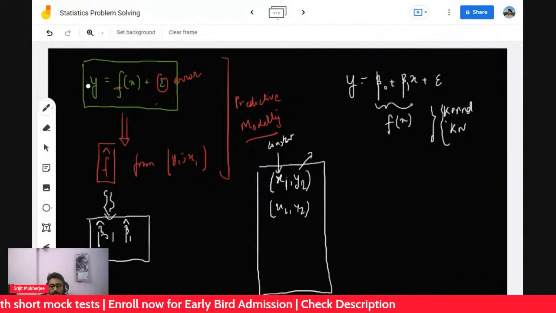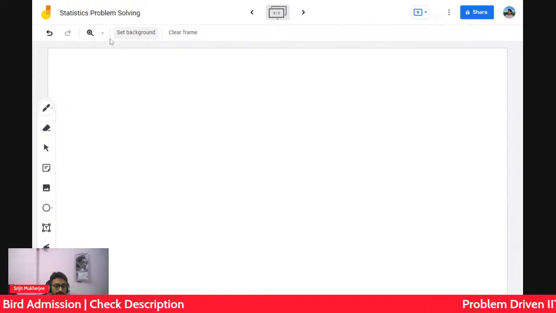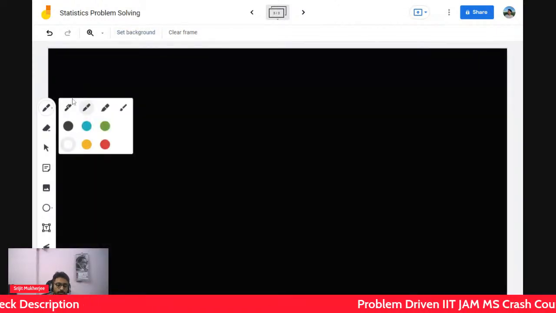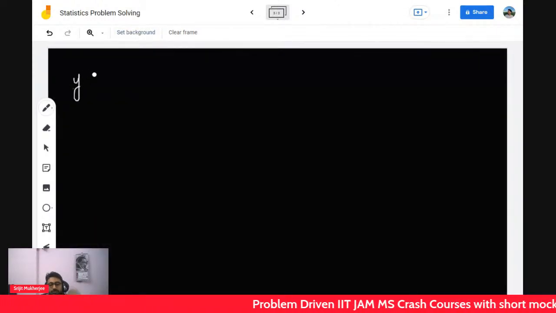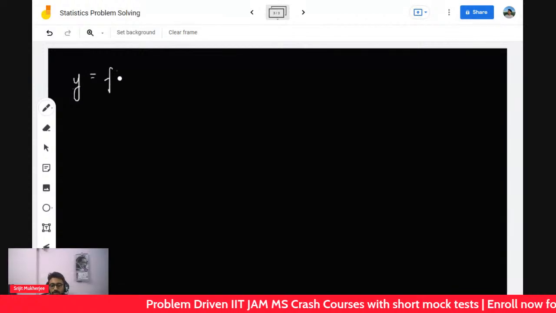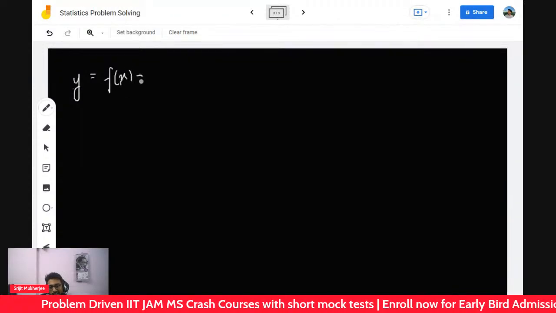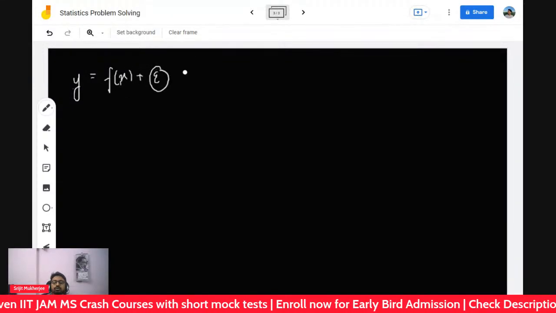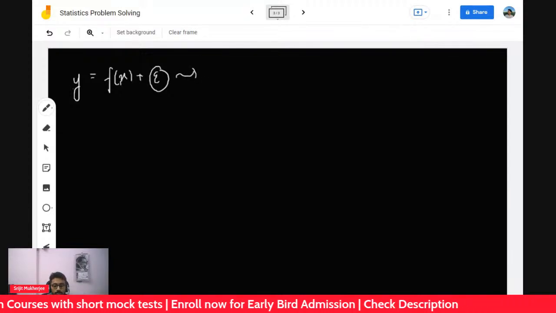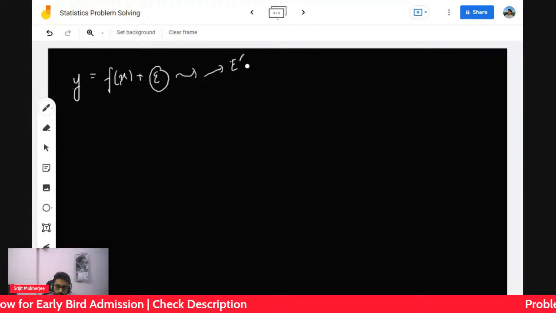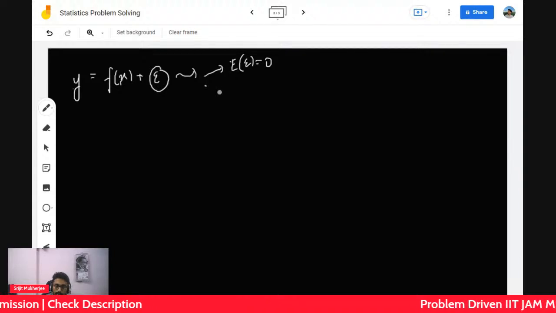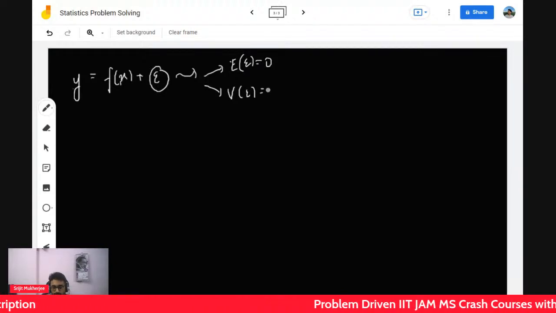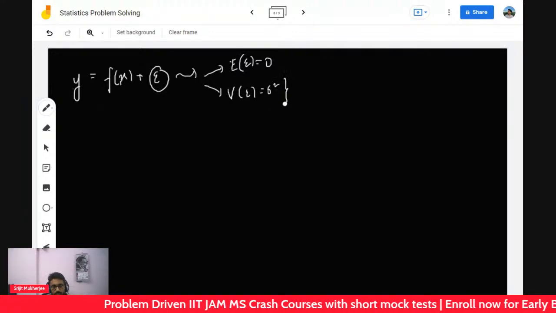So y_i is equal to f(x_i) plus epsilon, where epsilon follows some distribution. This is the regression setup. So y is now the response variable, a functional form of the predictor variables plus a certain error. This error follows some distribution which you don't know, with mean 0 and variance sigma square, which may or may not be known.